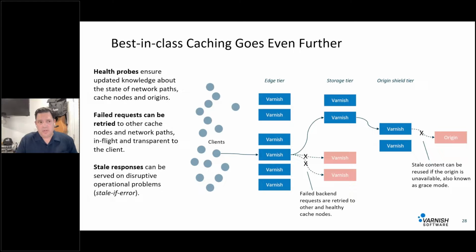One of the benefits of Varnish is to be able to really customize specific logic and run it at the edge. We have our own language that's used by a number of different content delivery networks out there called VCL, Varnish Configuration Language.